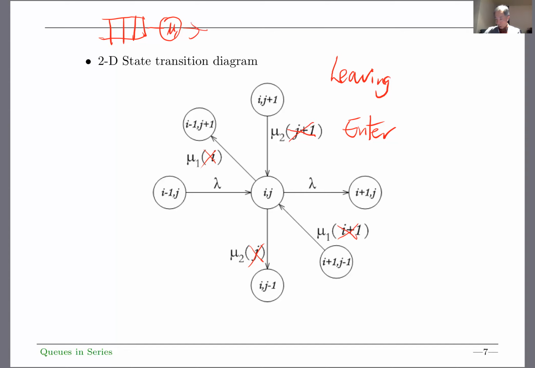This is a second queue, and that is mu2. And that is the external arrival. And this is Q1. This is Q2. Okay, that is I, the number of jobs in the system, and J, that's J.